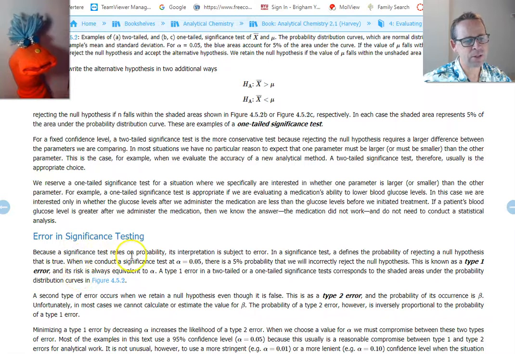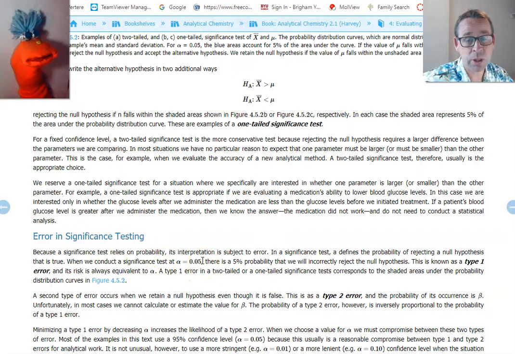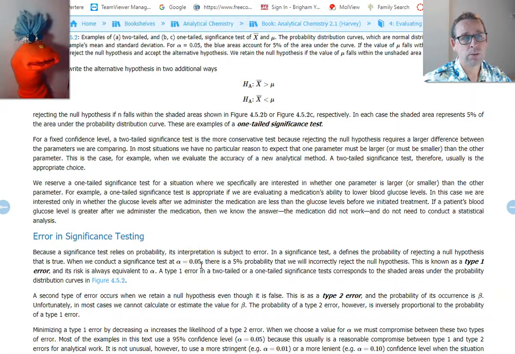Because a significance test relies on probability, there are still errors associated with the results. So for example, if alpha equals 0.05, which is your threshold, your cutoff, right? You would say if it's 0.05 exactly, then what? Well, that means that's the minimum to be 95% confident that the null hypothesis is rejected.